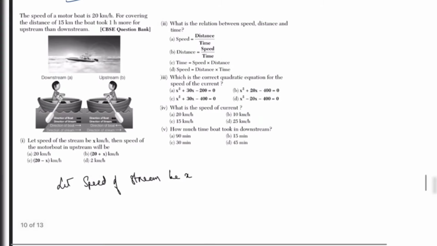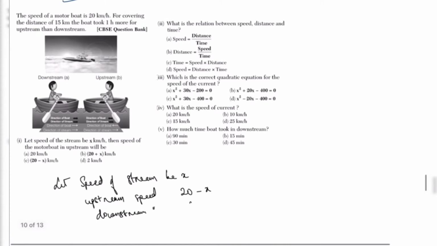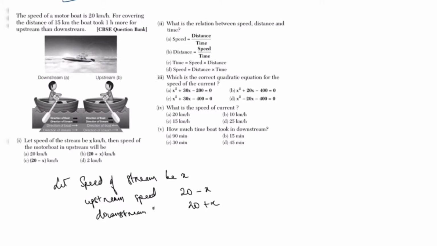So upstream speed becomes 20 minus x, and downstream speed becomes 20 plus x.